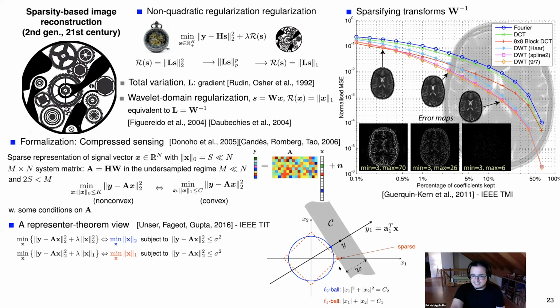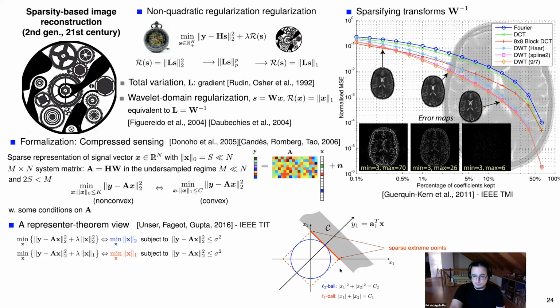A generalization of this that is commonly not seen is that if the matrix A does not fulfill the conditions of the compressed sensing theory, this other situation arises in which still the minimization with the L2 ball gives a non-sparse vector, but if you minimize using the L1 norm, then you have a non-unique set of solutions. But the important thing is that you have sparse extreme points in this set of solutions, and therefore you can still find a sparse vector that has a good explanation for your data.